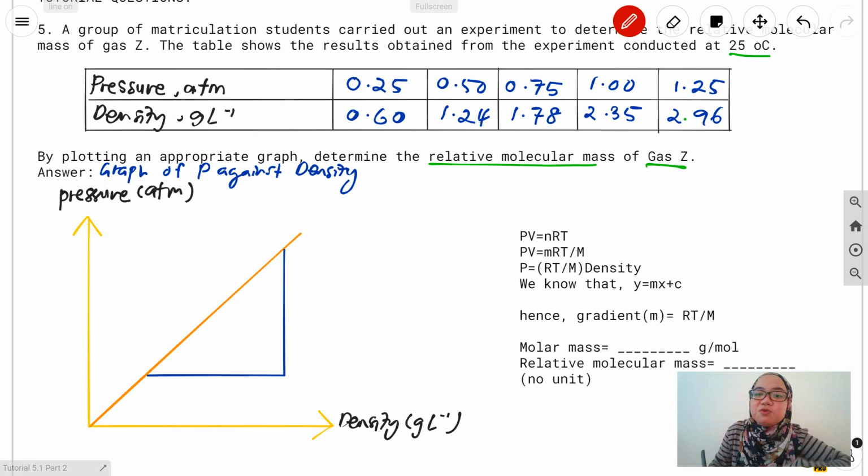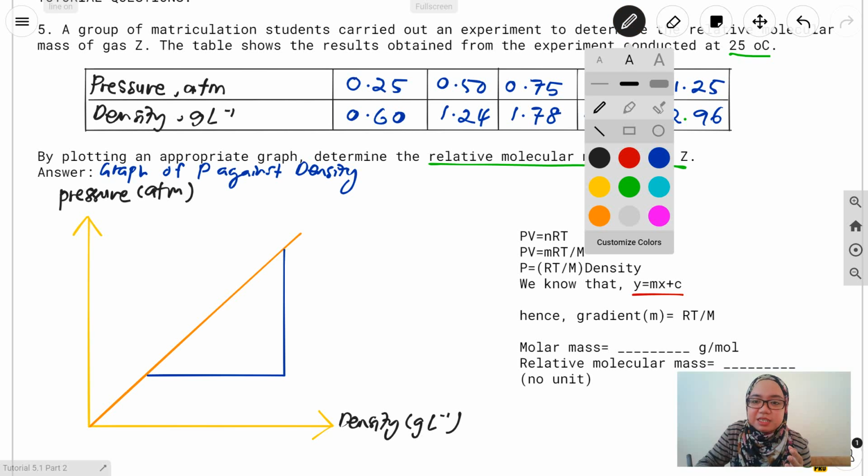When you rearrange the equation to make pressure as y, the subject, and the density as the x, you will get P is equals to RT over M times density, and we know that y is equals to mx plus c. Am I right?